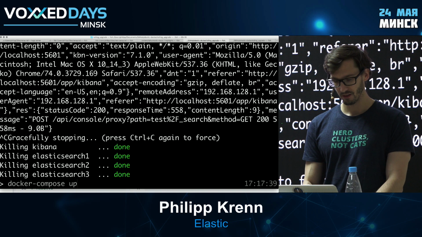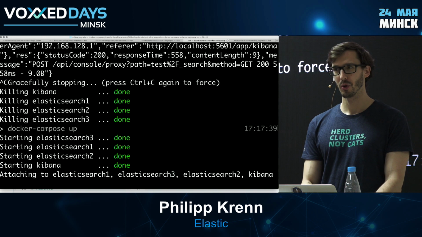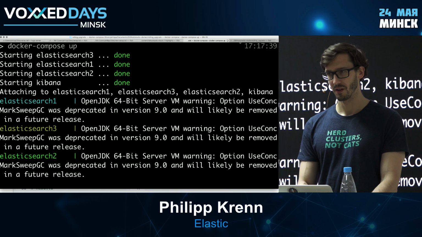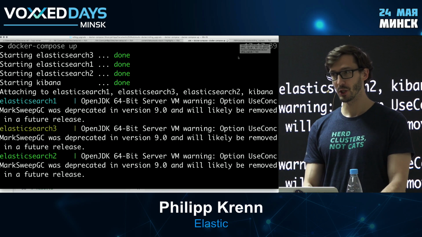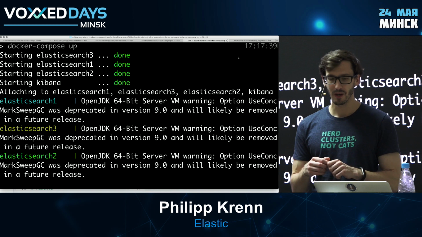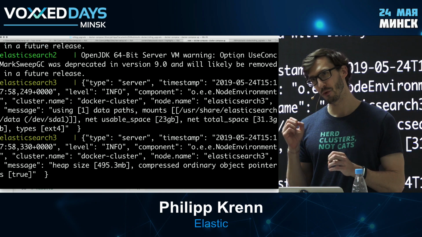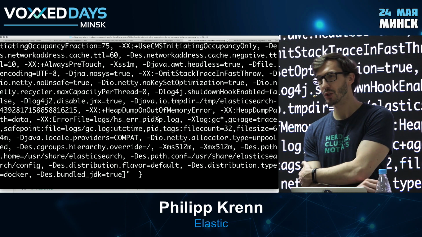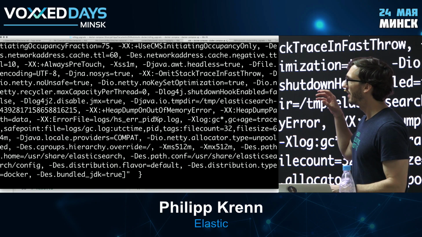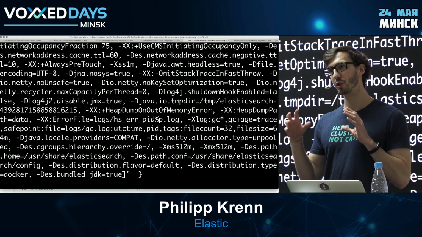And let's say I want to bring it back up. Will that work? Will that not work? Especially since we removed these minimum master nodes. Will this be able to form a proper cluster now? And yes, in version 7, it will do that, because it stores in the data directory what the cluster looked like when it was shut down.